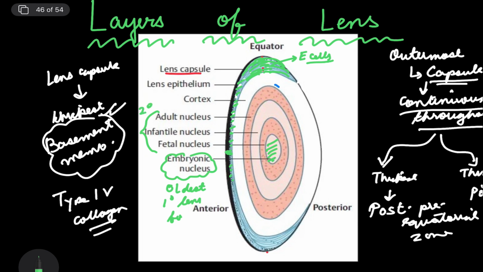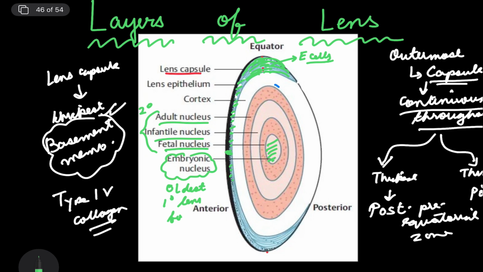Over the embryonic nucleus, the fetal nucleus is laid. Over the fetal nucleus, the infantile nucleus is laid. And over the infantile nucleus, the adult nucleus is laid. And over that, we have the new forming lens fibers, which is the cortex. And over that, the E cells and the A cells of the anterior epithelium.